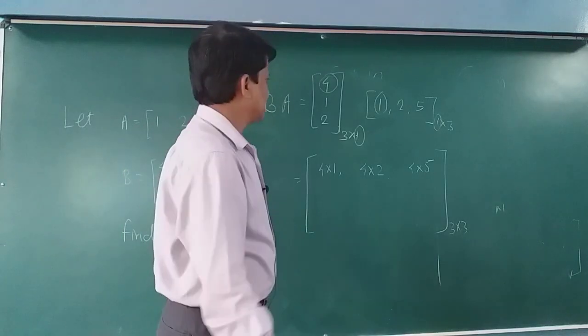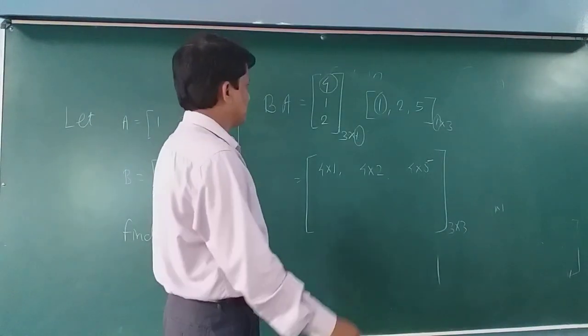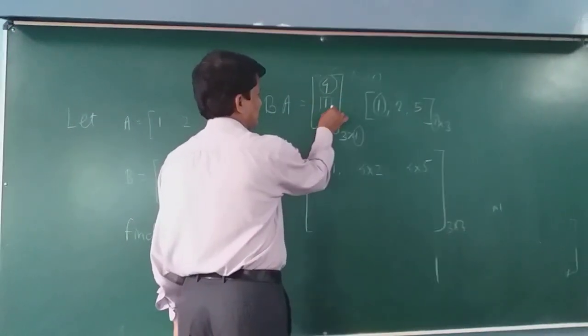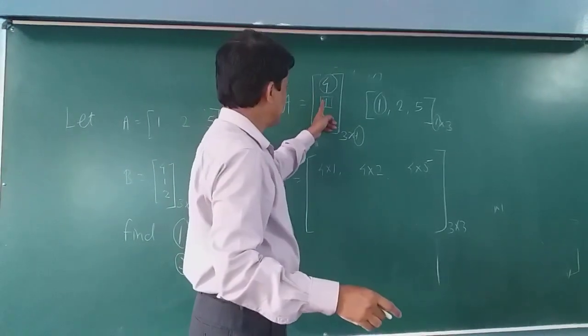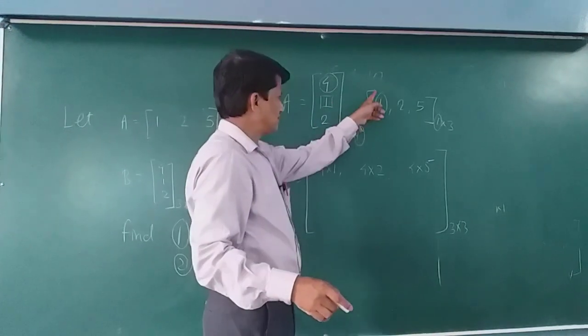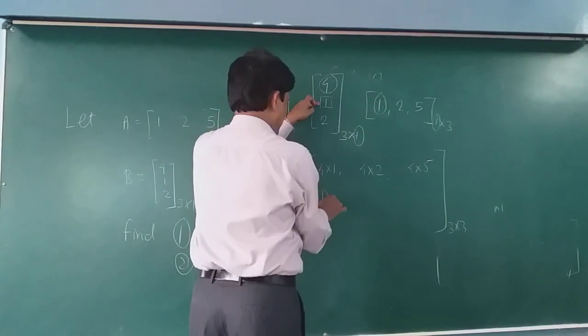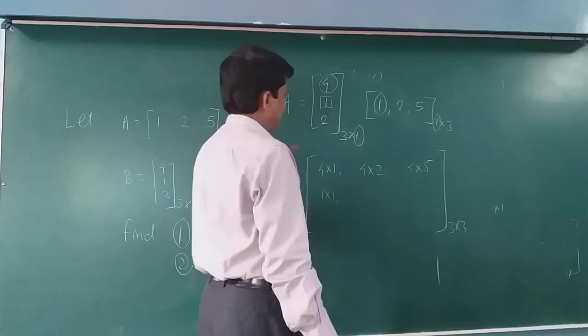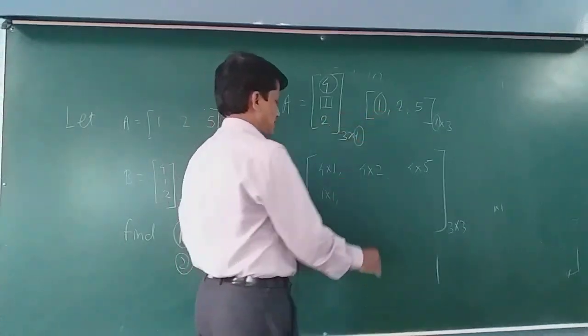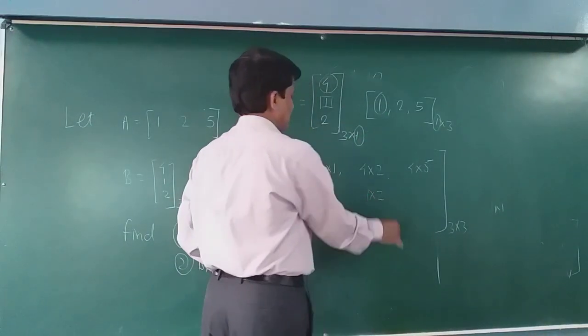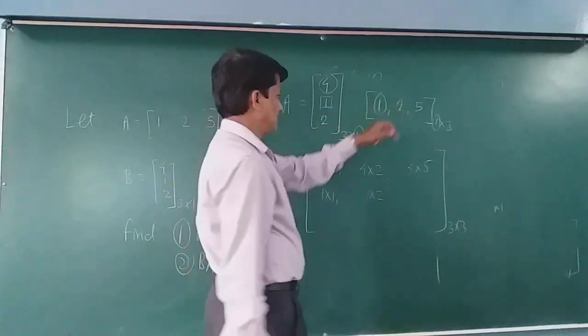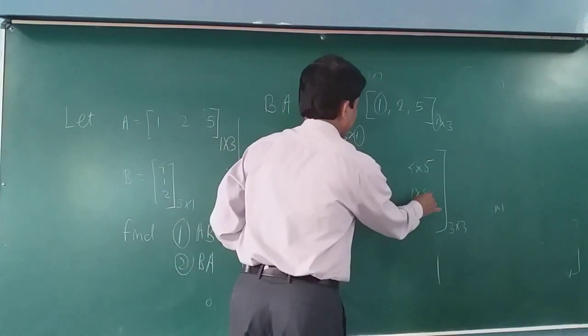In a similar way, select the second row, which is 1. The second row with the first column: 1 multiplied by 1. Then 1 multiplied by 2, and lastly 1 multiplied by 5.